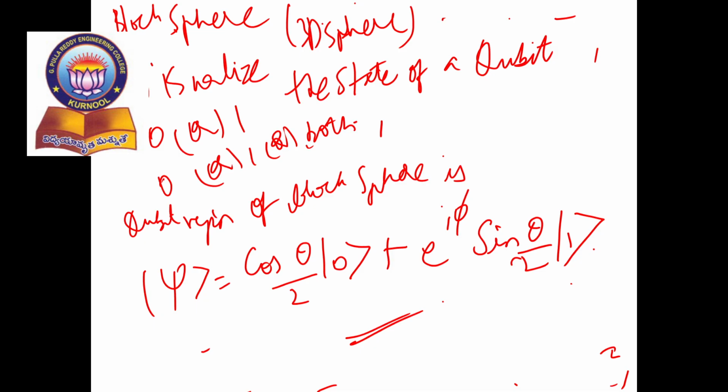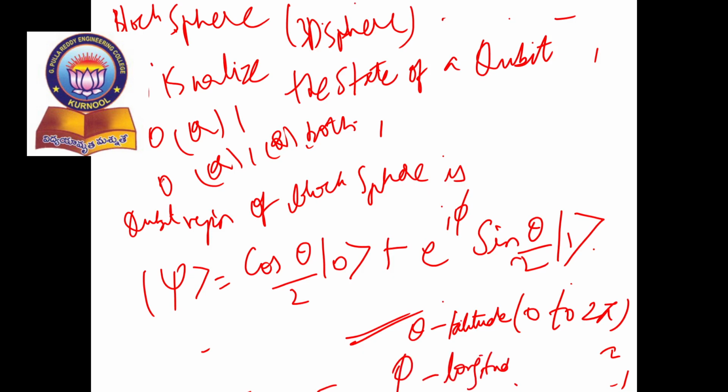So this is the qubit representation, visualizing qubit on the Bloch sphere. Where theta is the latitude, which represents 0 to pi, and phi is the longitude, which represents 0 to 2 pi.